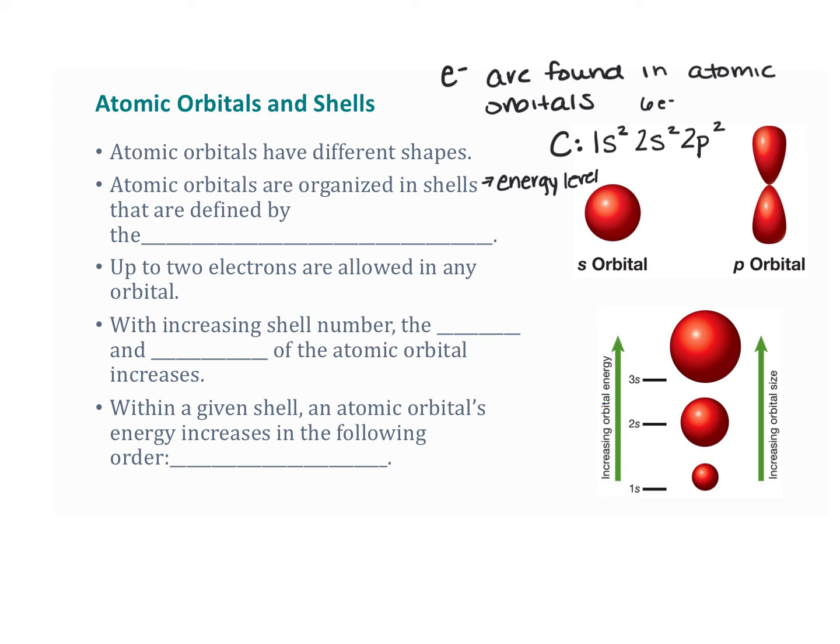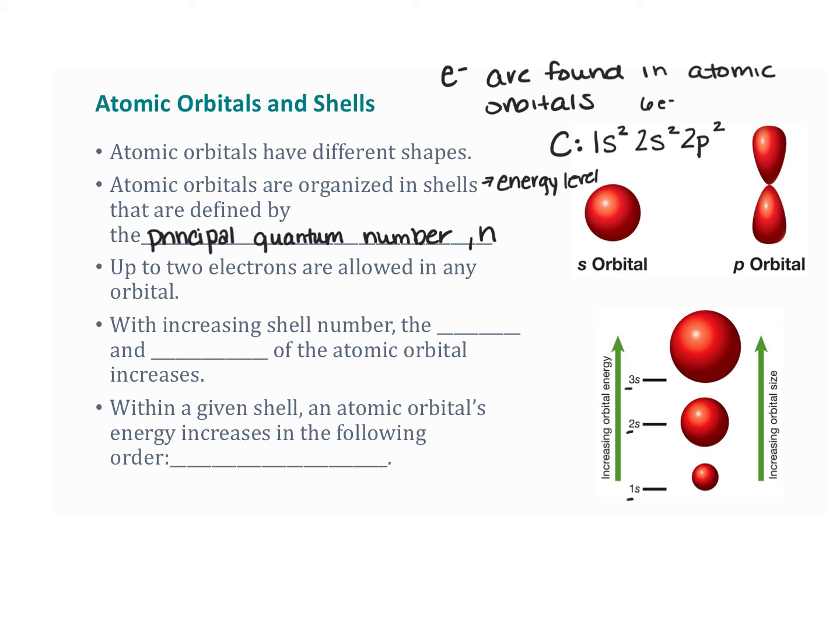These shells are also called the principal quantum number, and that's n. That's the number shown right here in front of the s.